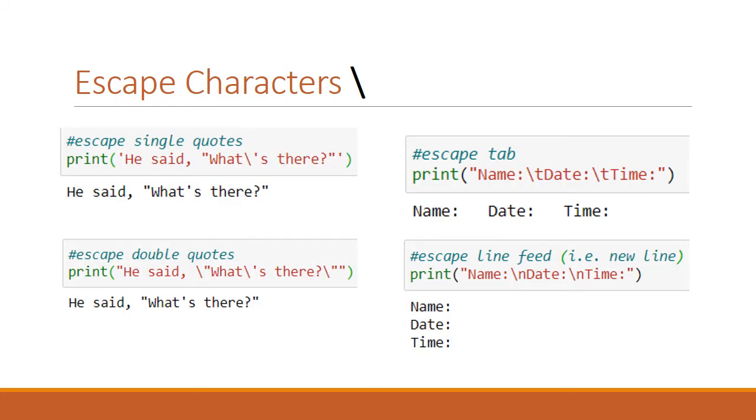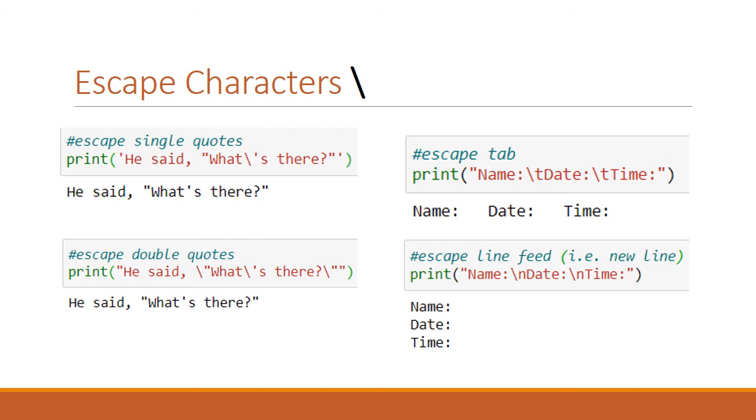Here we present 4 examples of when you might want to use an escape character. The first example: we have a string, "He said, what's there?" The string is surrounded by single quotes. We want to insert a single quote within that string.